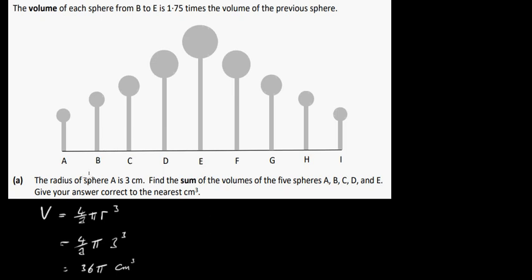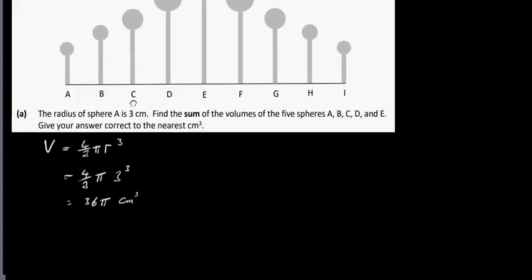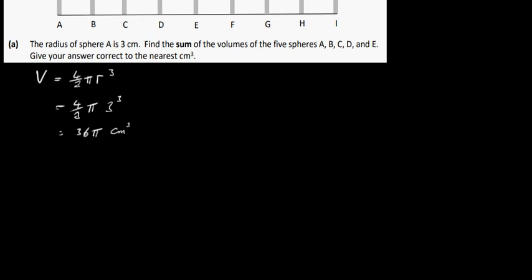So I'm going to do the sum of the first 5 terms. So the sum of n terms is just a times r to the power of n minus 1, we'll see why in a second, over r minus 1. So it can be 1 minus r to the power of n divided by 1 minus r, or it can be this way around here.